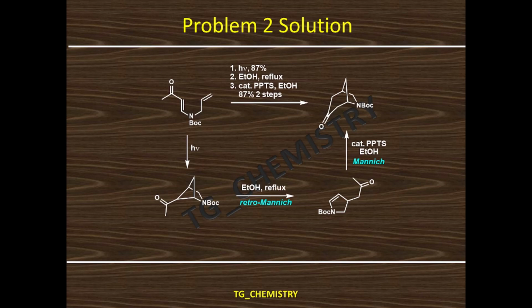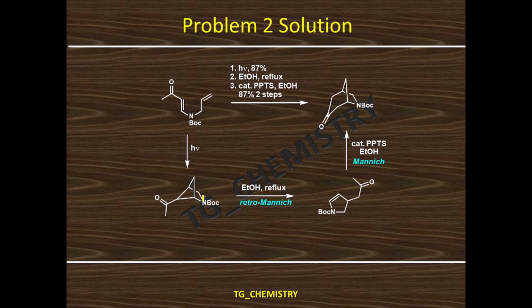First the photochemical irradiation on the substrate carbamate will lead to cyclization to give the product. Here you can see the formation of the bicyclic ring structure from an acyclic system.